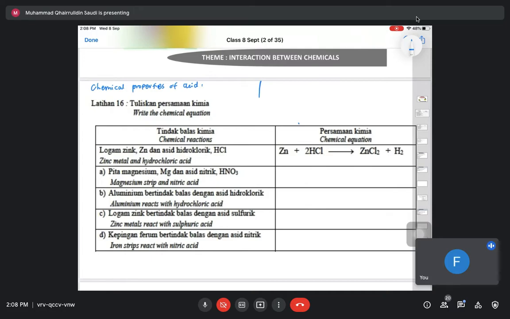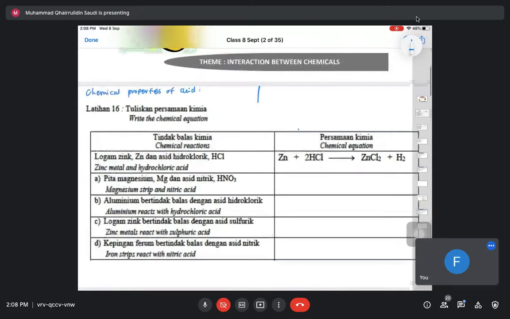What is the properties of acid here? Salt and water. Acid reacts with bases. Yes, okay. Acid reacts with base, and the product will be salt and water.